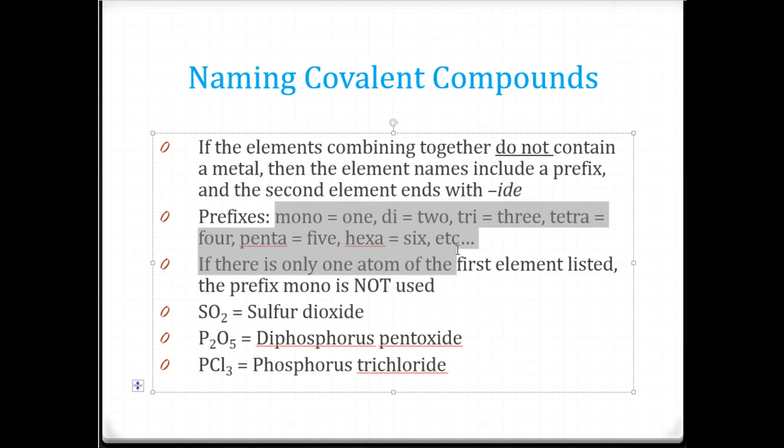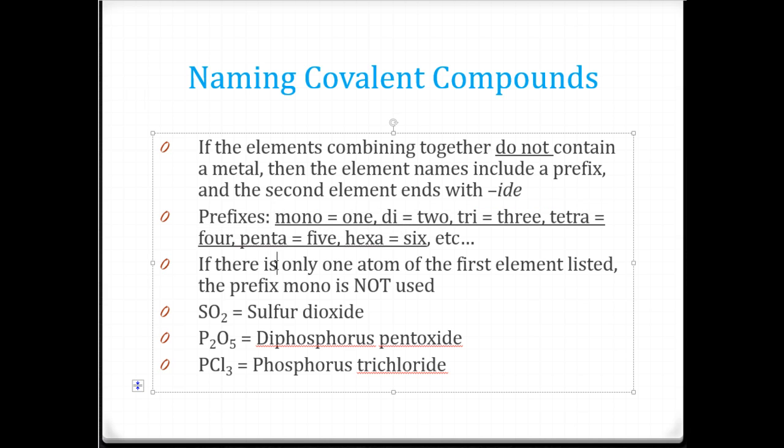Make sure you write these down and memorize them. You need to know these. Mono for 1, di 2, tri 3, tetra 4, penta 5, and hexa 6. We probably won't go too much more, but 7 is hepta, octa is 8, nona is 9, and deca is 10.